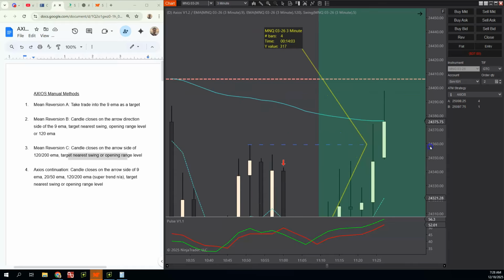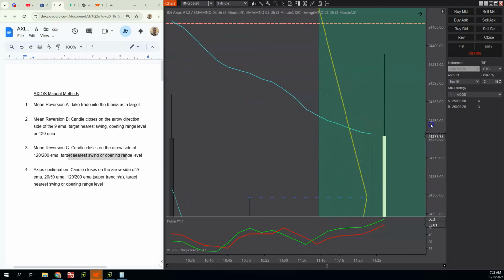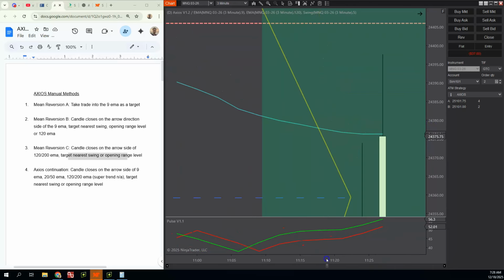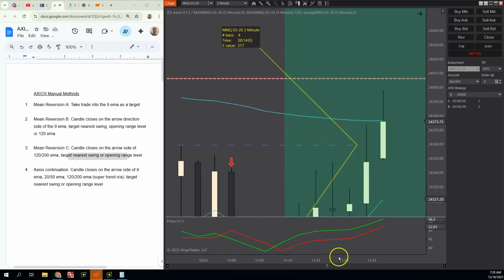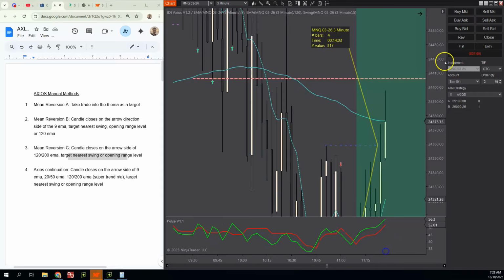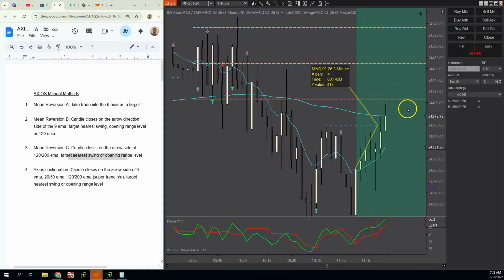That candle does not quite close above. See that? So now I'm watching the next candle. And I already know where my targets are possibly going to be. I'm either going to target the bottom of the opening range, this swing, or the middle of the opening range.